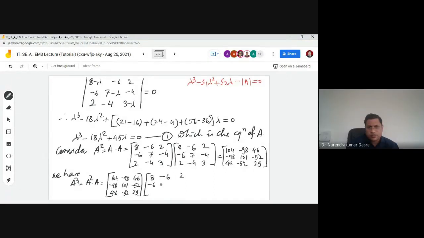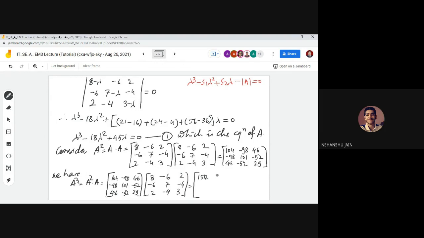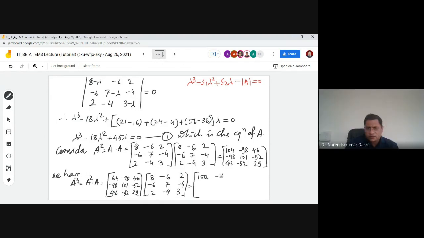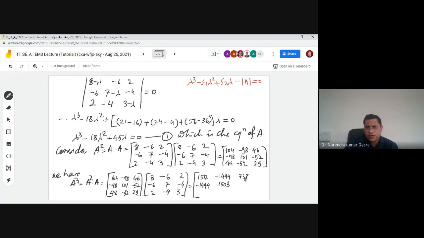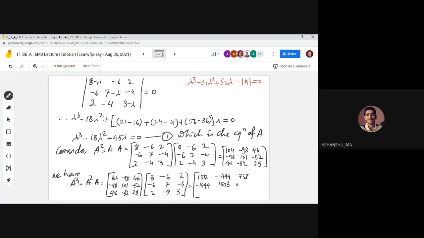So this is A: 8 minus 6 2, minus 6 7 minus 4, 2 minus 4 and 3. And now give me this product: 1512, minus 1494, 738. Next row: minus 1494, 1503, minus 756.